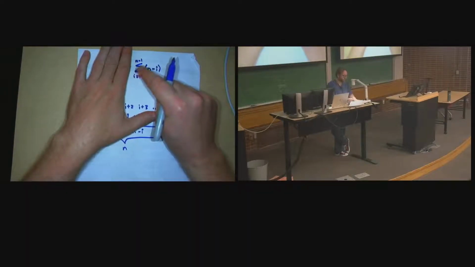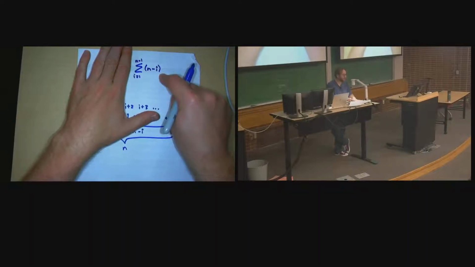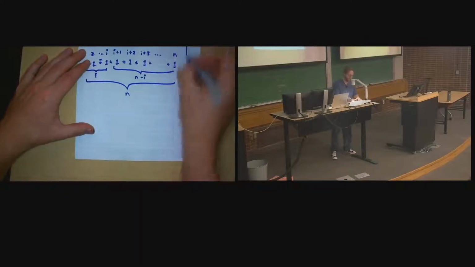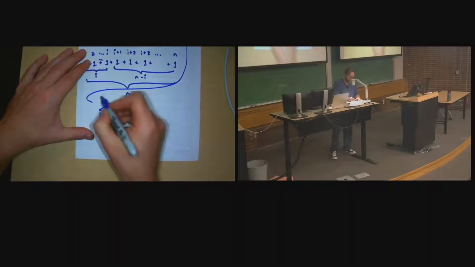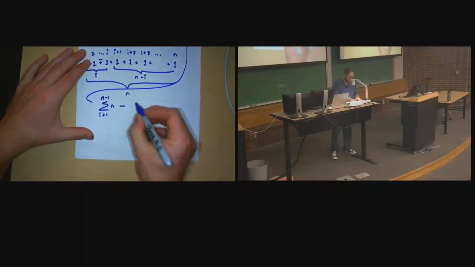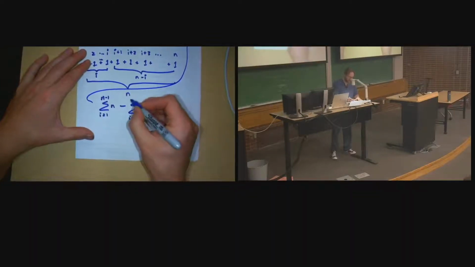Now, this is a sum, n plus negative i, so I can split this up into two summations. It is equal to the summation of i from 1 up to n minus 1 of n, minus the summation of i running from 1 up to n minus 1 of i.